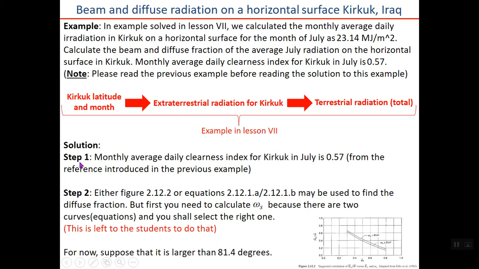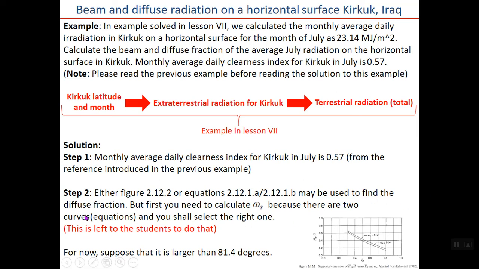So let's start. Solution. Step 1. The monthly average daily clearness index for Kirkuk in July is 0.57, from the reference introduced in the previous example. Step 2. You can use either figure 2.12.2 or the equations mentioned before to find the diffuse fraction. But first you need to calculate omega s, which is the sunrise and sunset hour angle. Why?